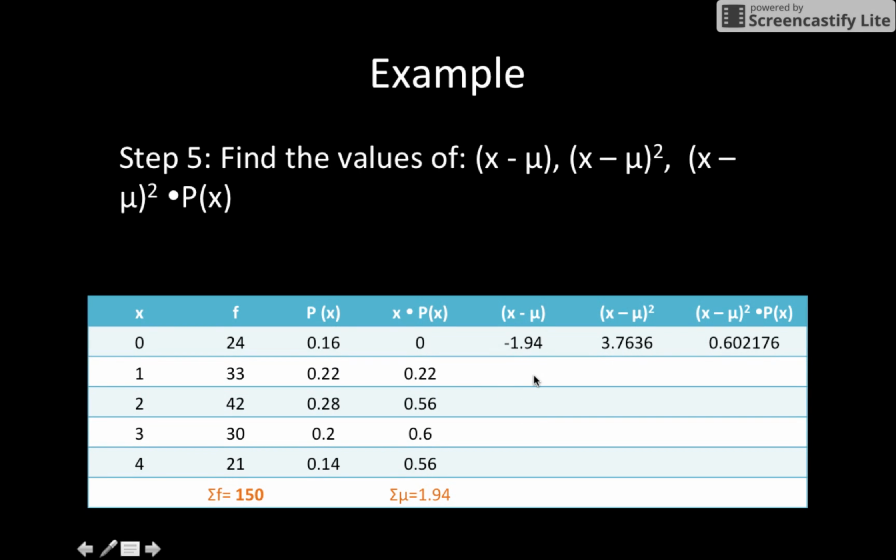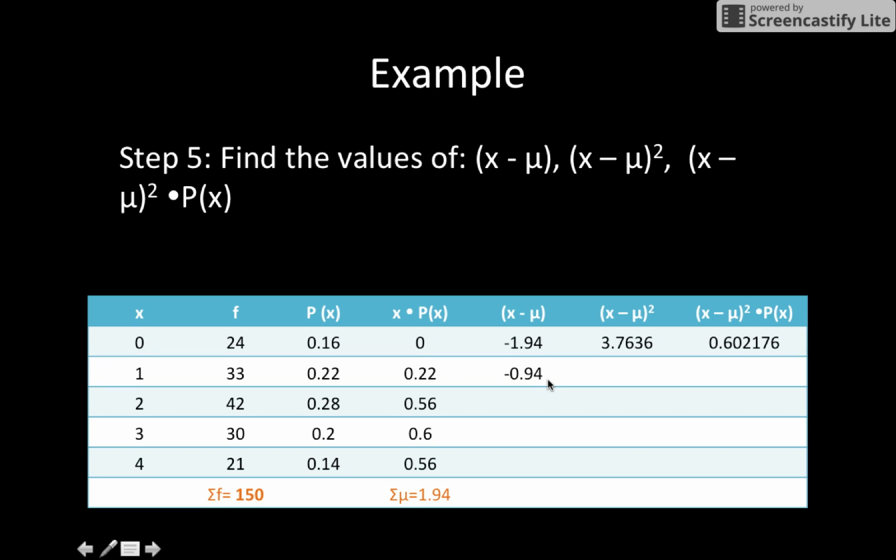Then you're going to do the same thing for this one. You're going to take your 1 minus your whole mean to get negative 0.94. Then you're going to square that.